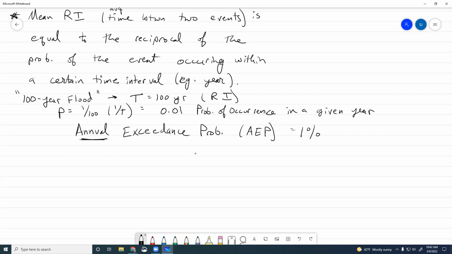And the annual exceedance probability just means it is equaled or exceeded. So what is the flood that has a 1% chance of being equaled or exceeded in a given year?